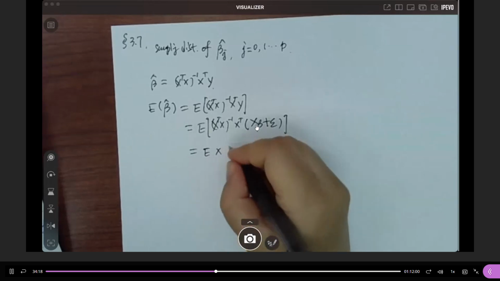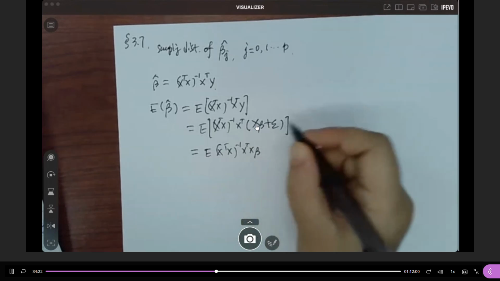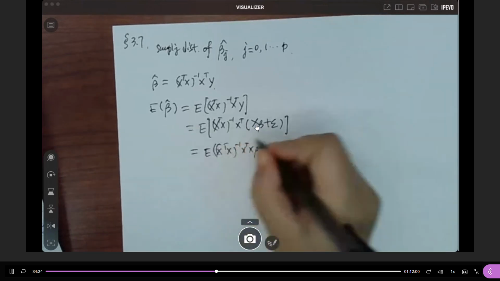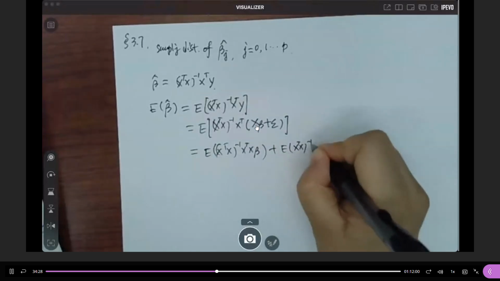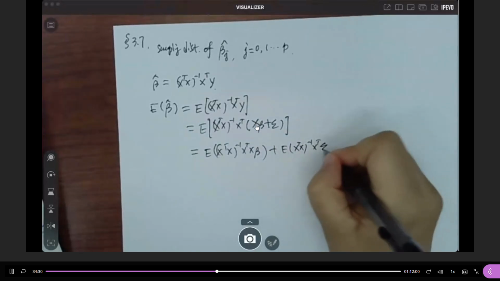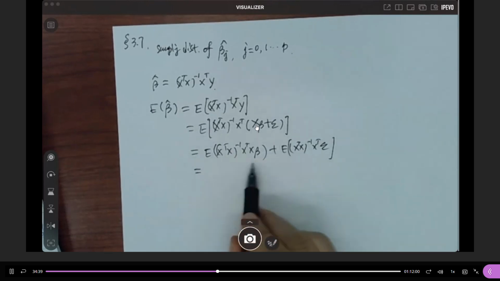Then you basically have E of (X transpose X)^(-1) X transpose X beta plus E of (X transpose X)^(-1) X transpose epsilon. Now, inside here, where does the randomness come from?